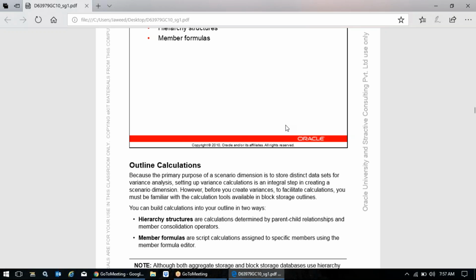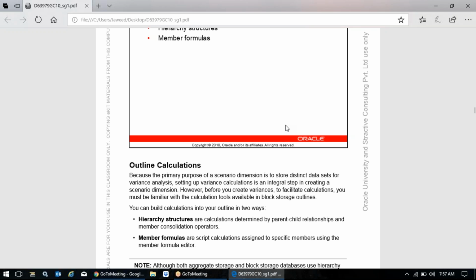The major difference is that member formulae are formulae which are pretty much straightforward, and you will not have statements like fixed statements. Are you aware of the fixed statement?